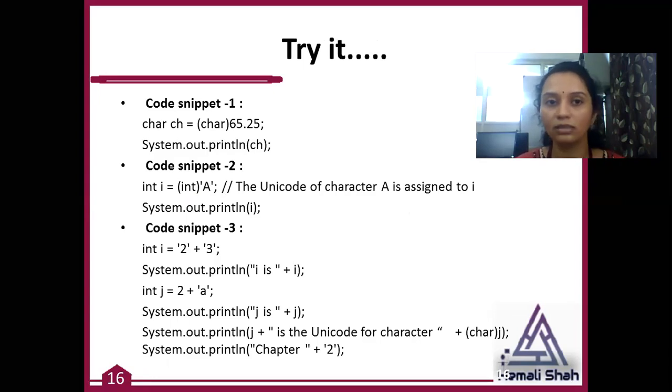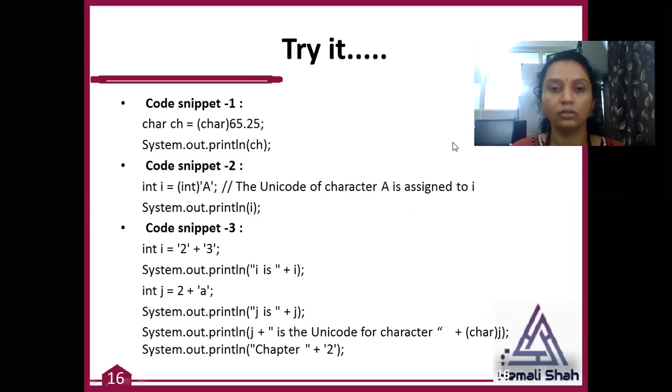Try it yourself. I am sharing this screen. I'm also telling you one statement: integer and character are always compatible to convert into each other. You need some syntax whenever you convert int to char; you need to write the char type conversion.